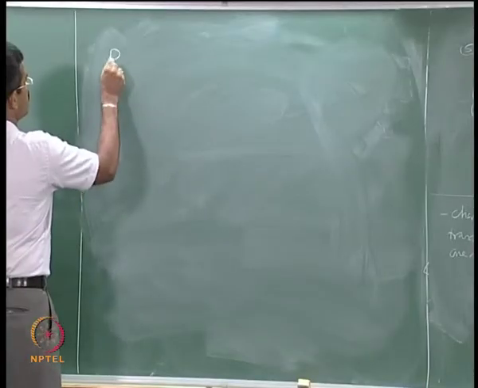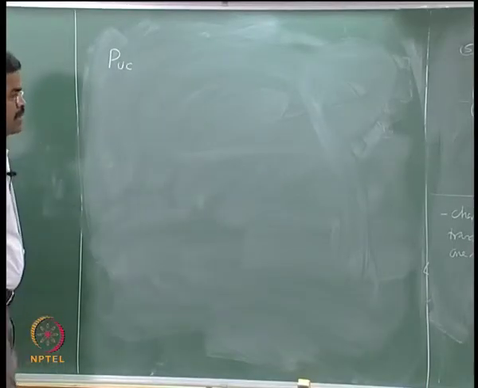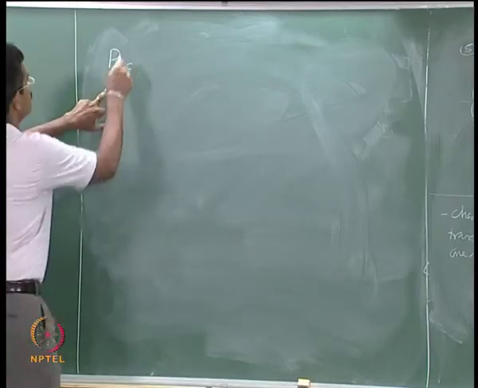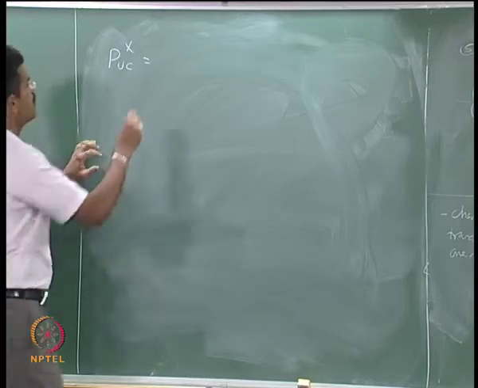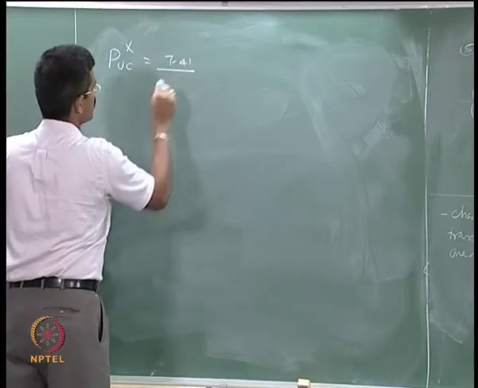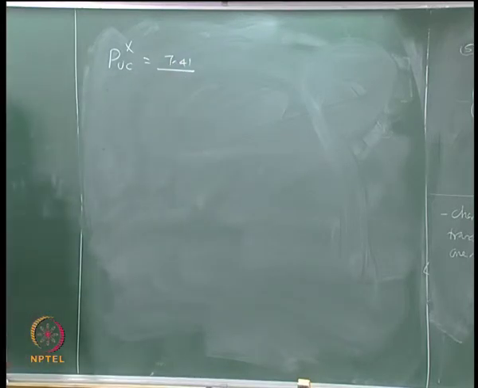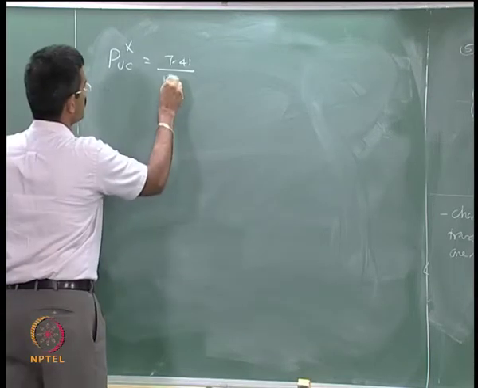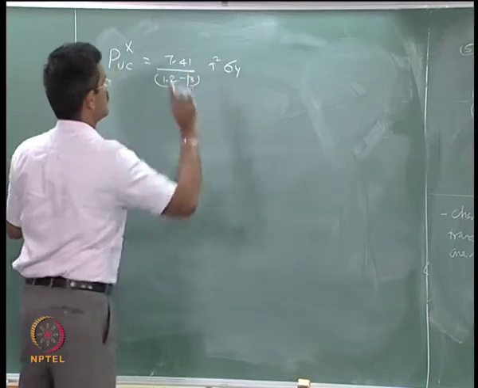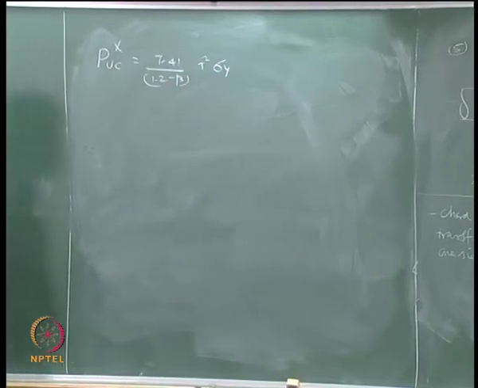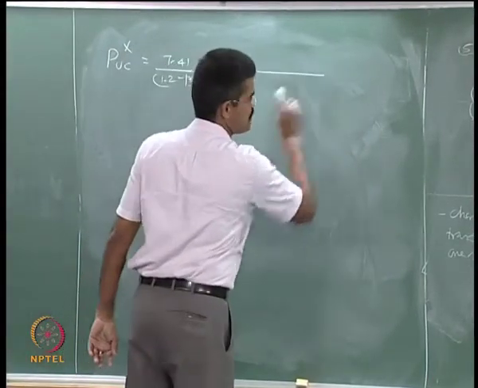Therefore, the ultimate strength of X joint in compression, with sigma y, you can call this equation number, what is the number?